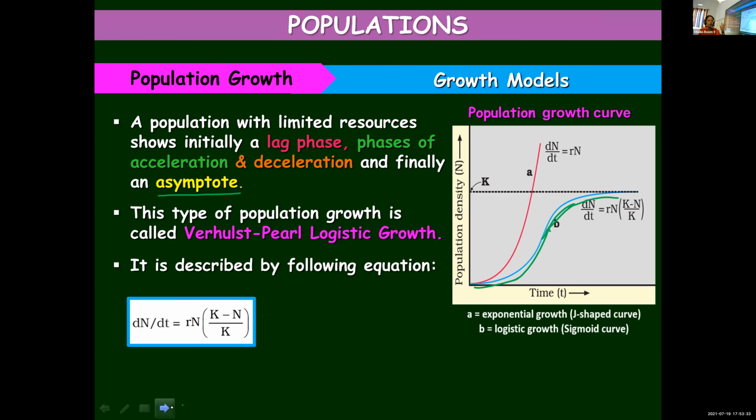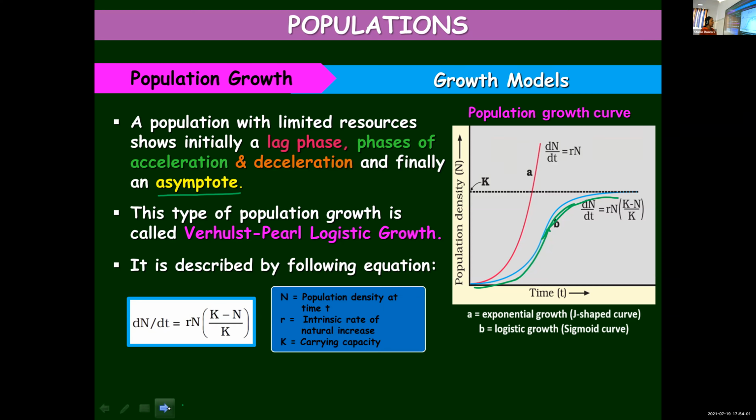As such, it denotes the change in population density over time, and r is the intrinsic rate of natural increase and N is the population size or density, whereas in Verhulst-Pearl logistic growth, dN by dt equals rN (K minus N) by K, where K is the carrying capacity. Remaining all alphabets you're familiar with.